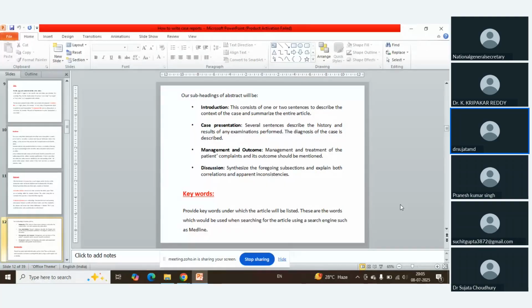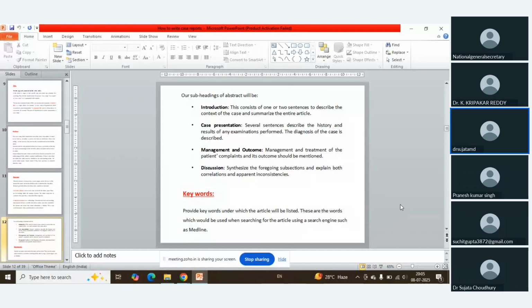Along with that, we have to select keywords. Keywords provide the terms under which the article will be listed. Just as we search by giving one word in Google or PubMed or any search engine, we want the exact article to appear.